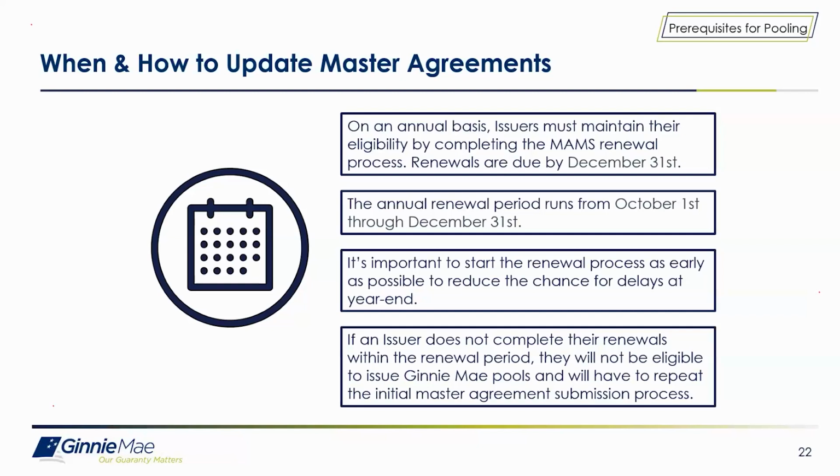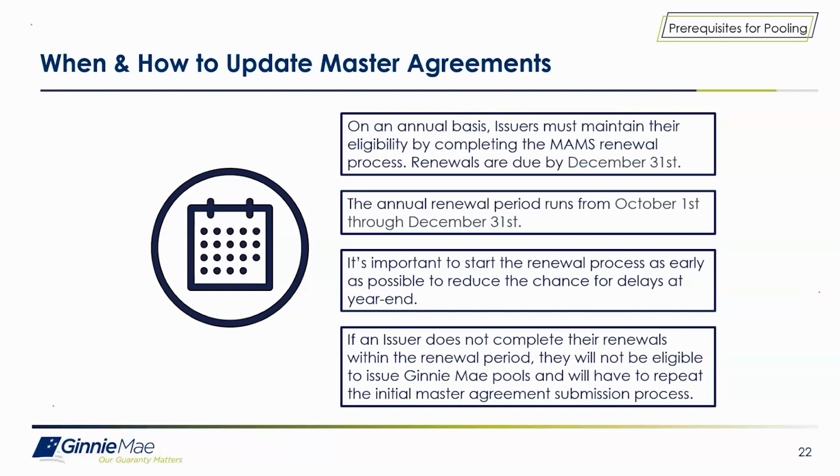If you're doing a renewal and you said, hey, Ginnie Mae, all these accounts that I have on file, I'll be using in 2025, that's a breeze. But you'd have to do this all over again if you miss the deadline. So try and keep up with this October 1st through December 31st window for your master agreement renewals. You don't want to miss this and end up doing this over.